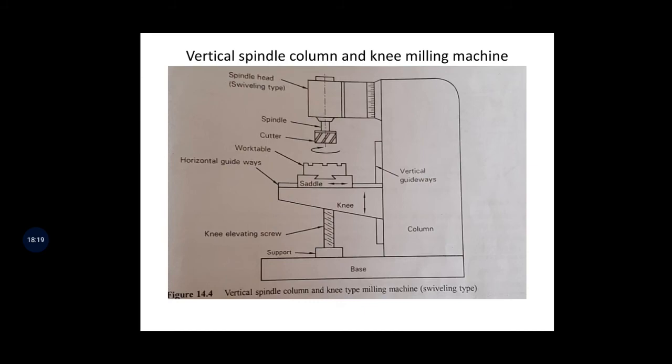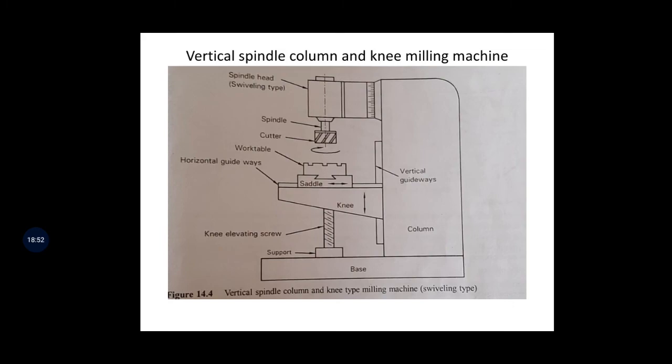The vertical milling machine is similar in construction to the horizontal milling machine, except the spindle is in the vertical position. It is generally used to perform end milling and face milling operations. The spindle is located vertically, parallel to the face of the column and perpendicular to the top of the work table.